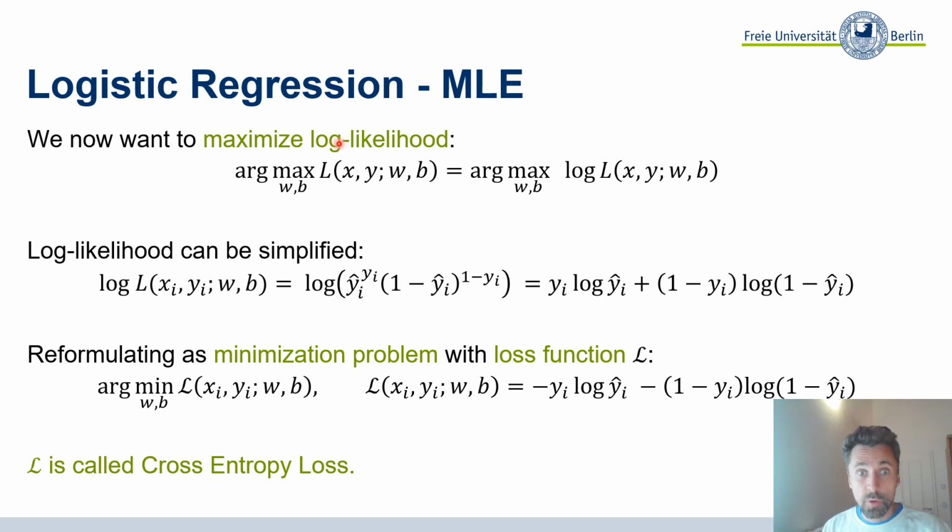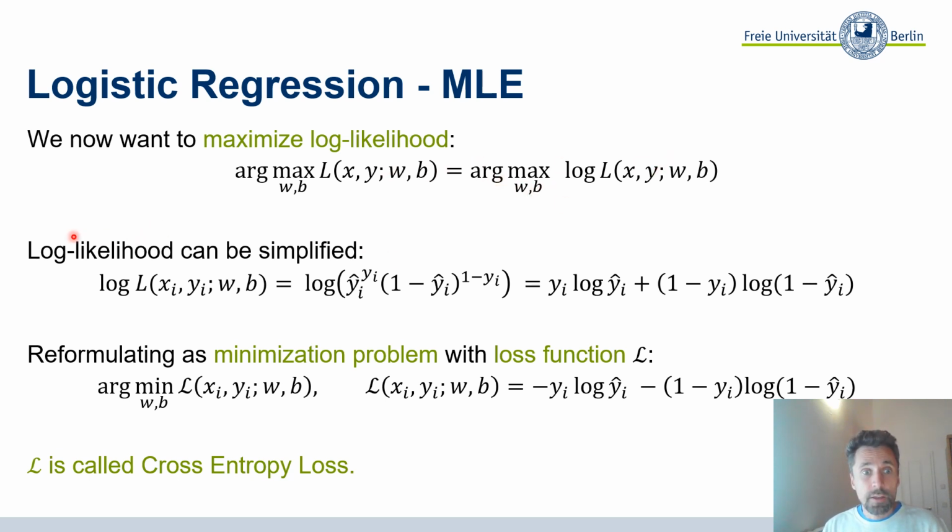So the likelihood, using the equation from the last slide, of x and y, the data given the model parameters, needs to be maximized with respect to W and B. So we want to get the arguments, the actual W and B. And for convenience reasons, we most often use the log likelihood, and since that doesn't change the arguments that maximize the previous expression, we are fine.